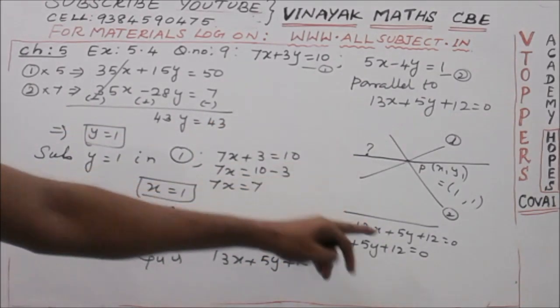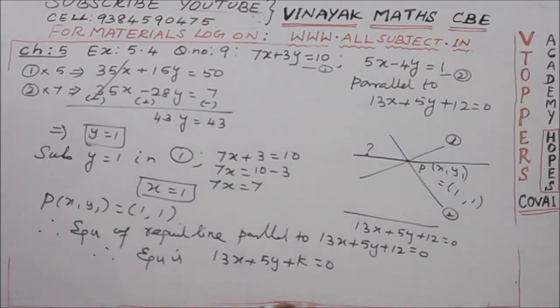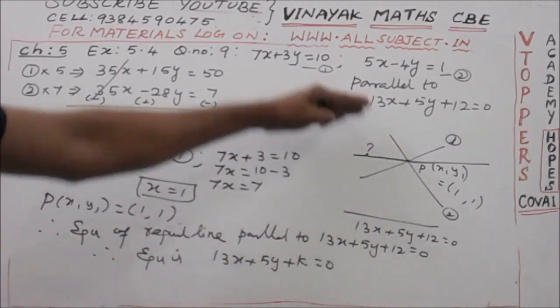These two are parallel, so they only differ by a constant. So replacing this 12 with a different constant k will give the parallel form of this line.